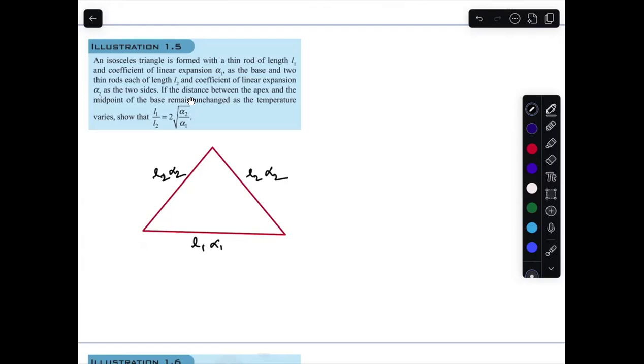If the distance between the apex and the midpoint of the base remains unchanged, which means H remains a constant, what is the condition? That's what you want.